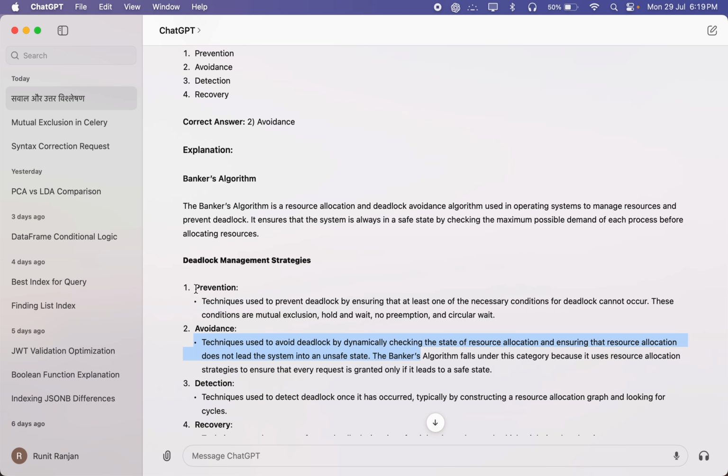Okay, so these two are different, though the meaning may be the same actually, but in terms of deadlock management strategies, it means different.